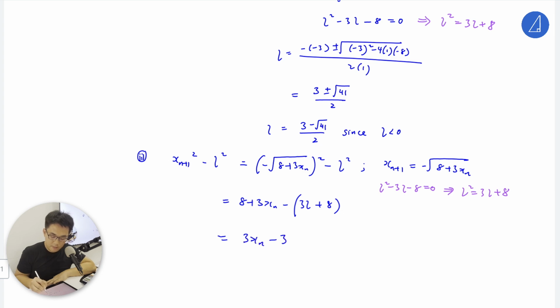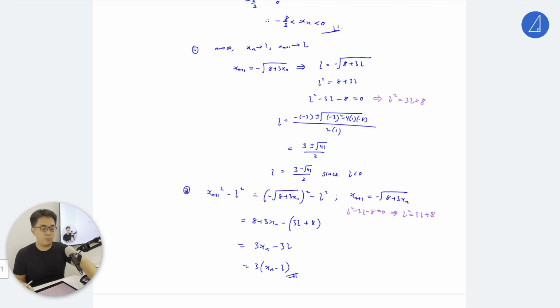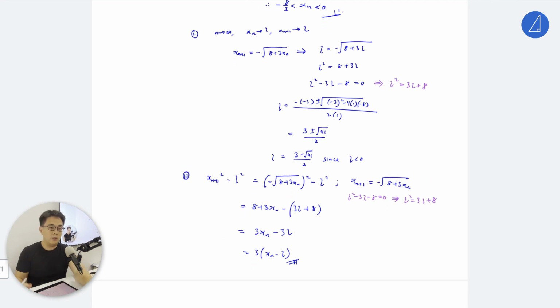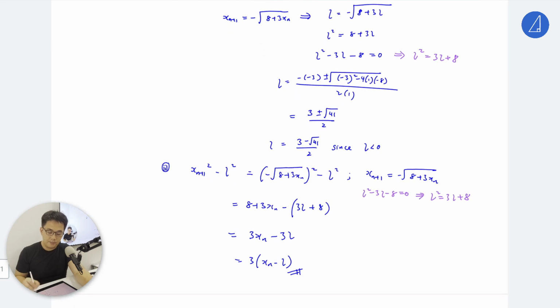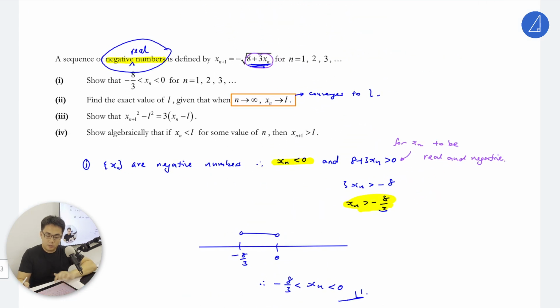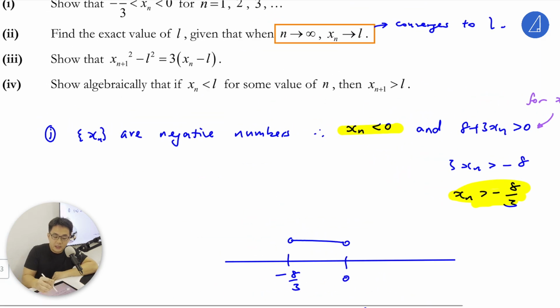This is easier. But you can also do it by replacing the value in and manipulating the surds.